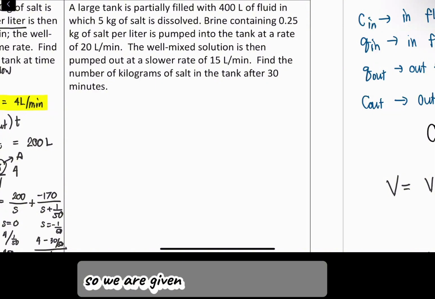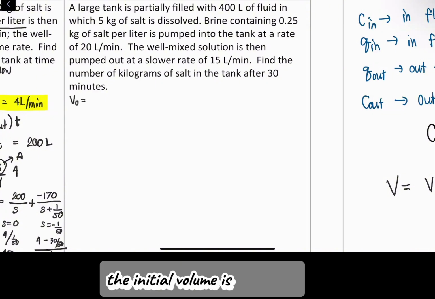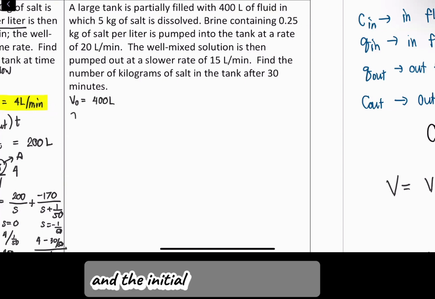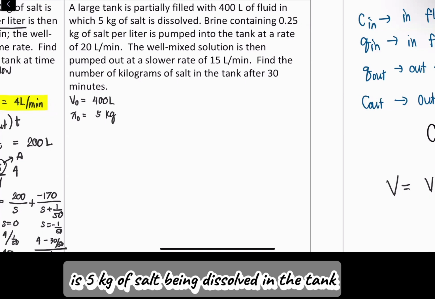So we are given the initial condition. The initial volume is 400 liters. And the initial amount x sub 0 is 5 kilograms of salt being dissolved in the tank.